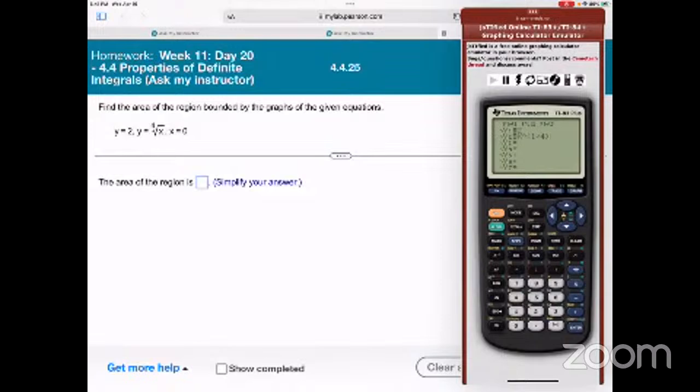Let's look at the graphs. Let's do my window. Let's start off with the standard window. Zoom standard is 6, but we might have to zoom out some because we got our y equals 2. Okay, I want to say these two graphs cross when x is 16, right? So you can get a sense from here.